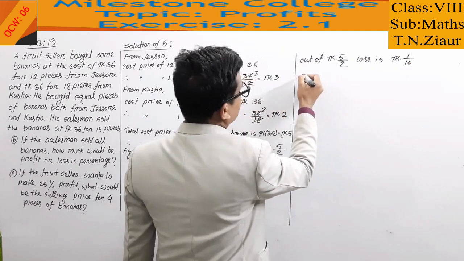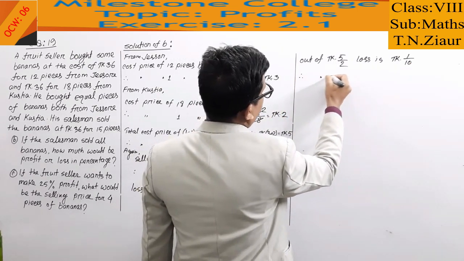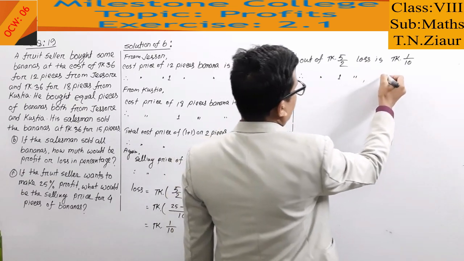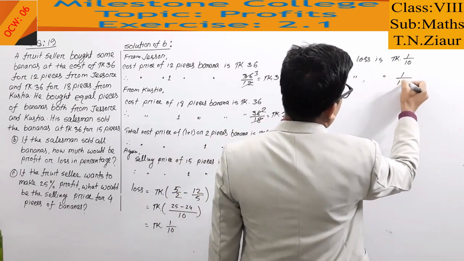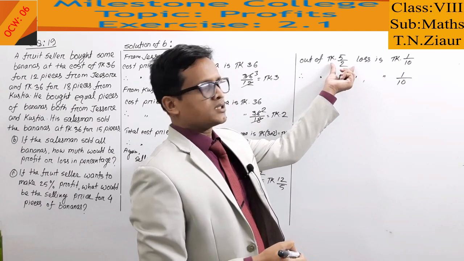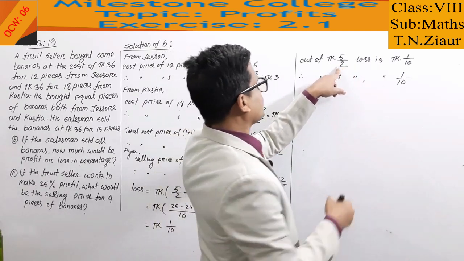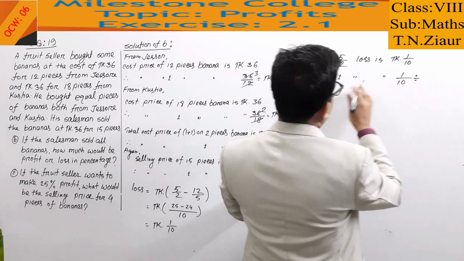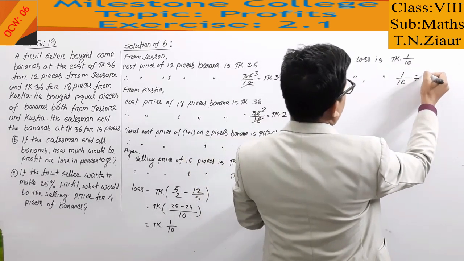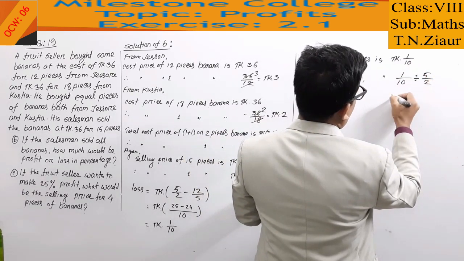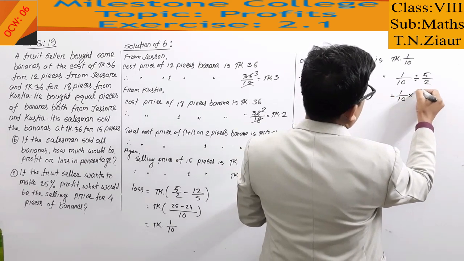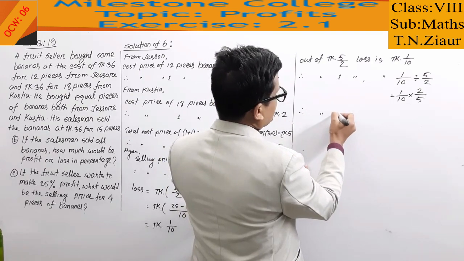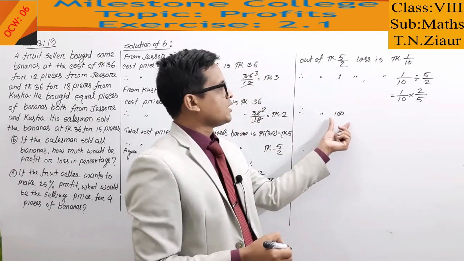This one is a fraction, so the denominator will become the numerator: 1 by 10 into 2 by 5. Now, what will it be out of 100 taka?